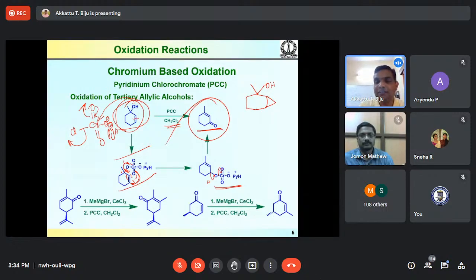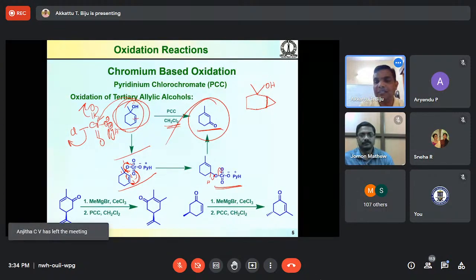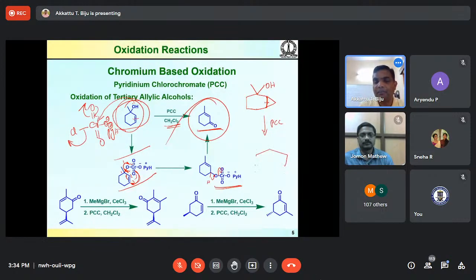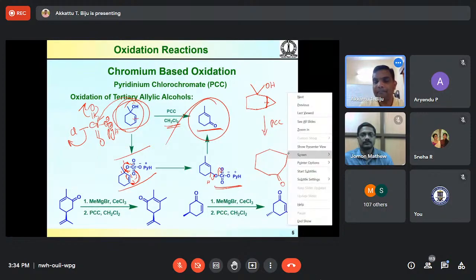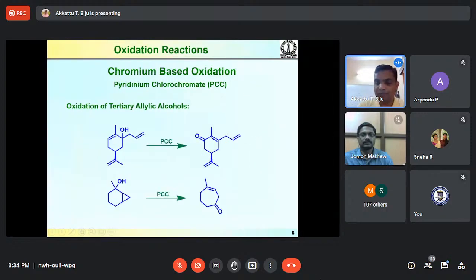Here the same rearrangement will proceed, cleaving this C-C bond, and in the presence of PCC you get a 7-membered ring compound with a ketone.